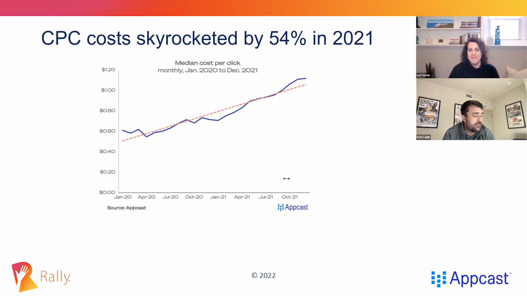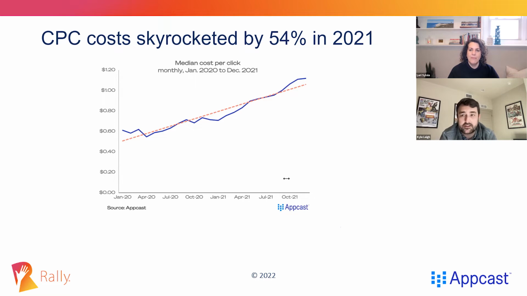And then the cost of advertising, naturally, because there's so much more competition, has skyrocketed as well. The cost for a click to one of your jobs skyrocketed by 54%, whereas in 2020, those rates only increased 11%.